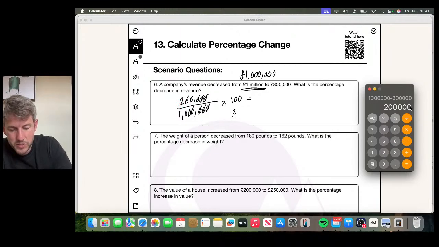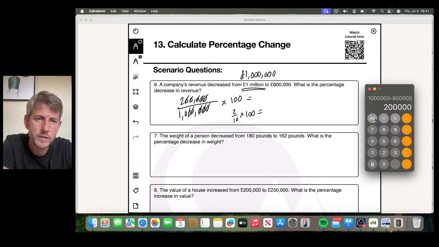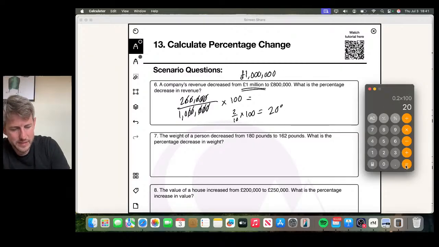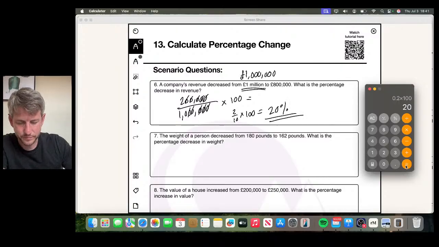So I'm going to do 2 out of 10 times 100 because that is easier to type in. 2 divided by 10, surprise, surprise, 0.2, and then times that by 100. So that would be 20%. So it was a 20% decrease in the company's revenue.